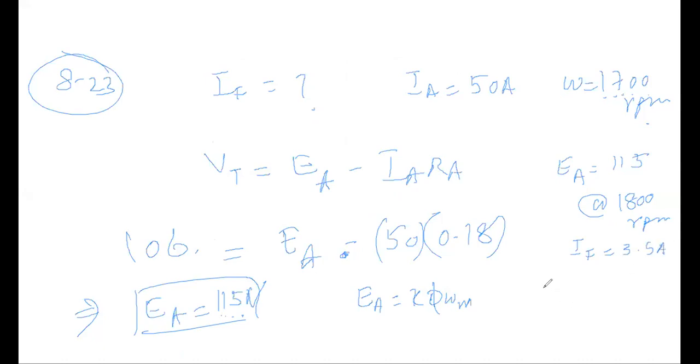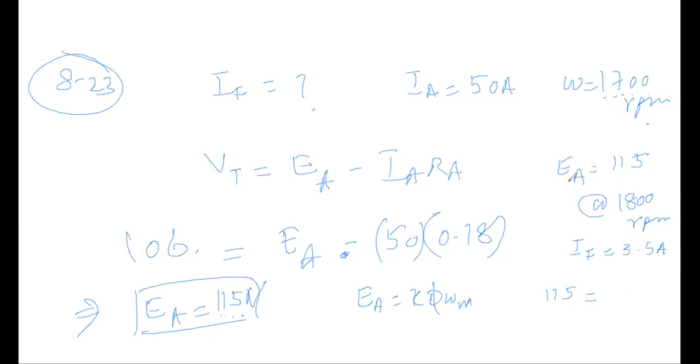Okay, so now I know EA is 115 when the RPM is, sorry, when the RPM is 1700.